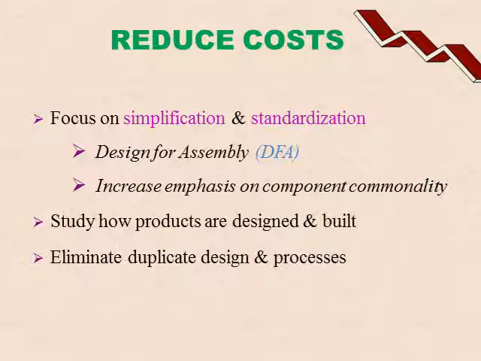Study how the products are designed and built. Means study all the product designs and how we are going to construct or build the product. Then eliminate duplicate design and process. Means if we manufacture the same product in a market for a different company and the rate is also the same, then a duplicate design will reduce our finance or the company profit.